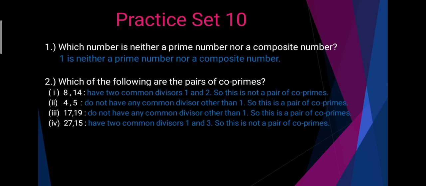So this is a pair of co-prime. 17, 19 do not have any common divisor other than 1. So this is a pair of co-prime. The next one, 27 and 15 have two common divisors, 1 and 3. So this is not a pair of co-prime.